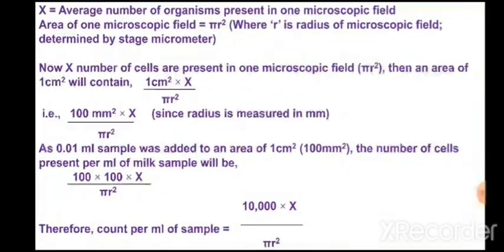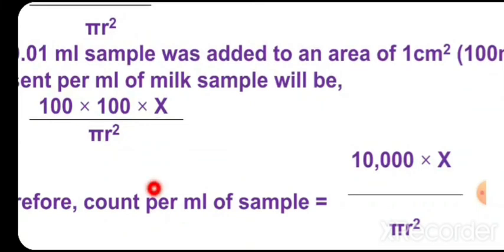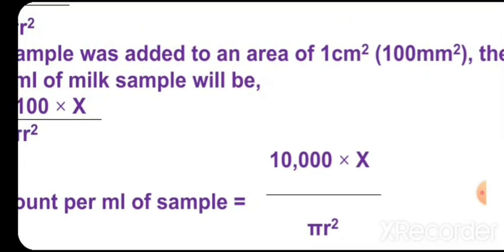So this is the formula now. Final formula: count of cells per ml of sample is equal to 10,000 into x divided by pi r square.